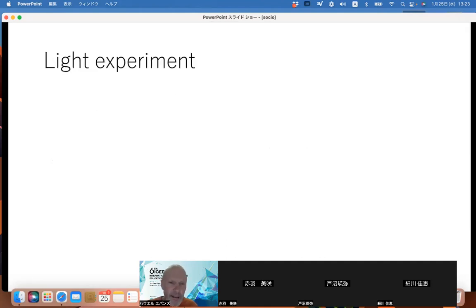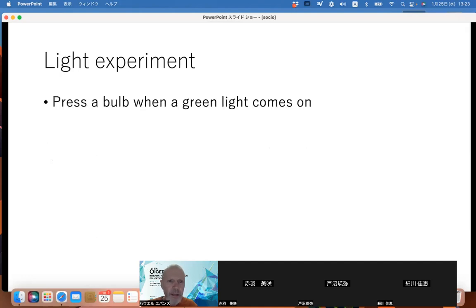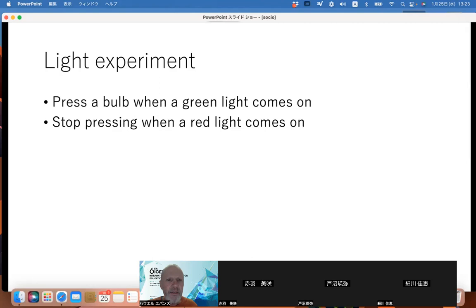And then we've got this other experiment, a different experiment. Again, we've been through this. The idea was that you press a bulb when the light comes on. When the green light comes on, you press it, right? And you stop pressing when the red light comes on.